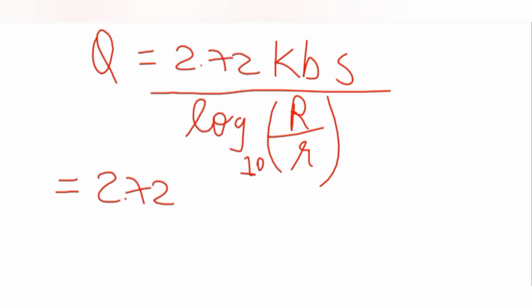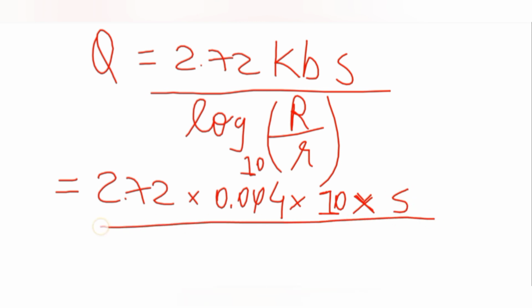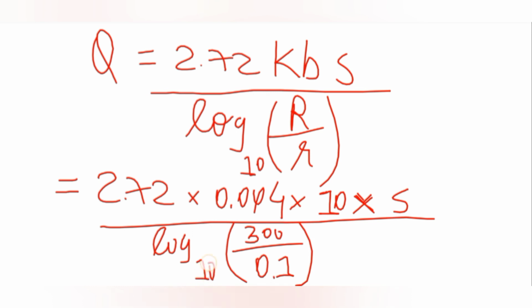So Q is equal to 2.72 into K, K is 0.004, into B is 10, S is 4, divided by log capital R is 300 and r is 0.1 to the base 10.